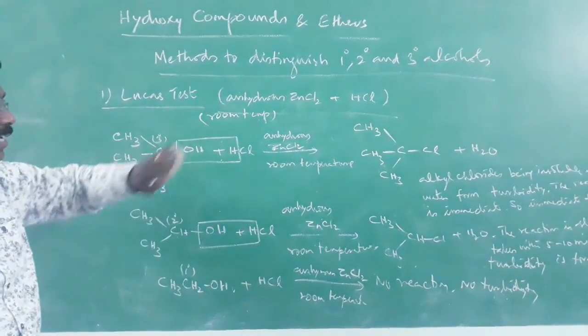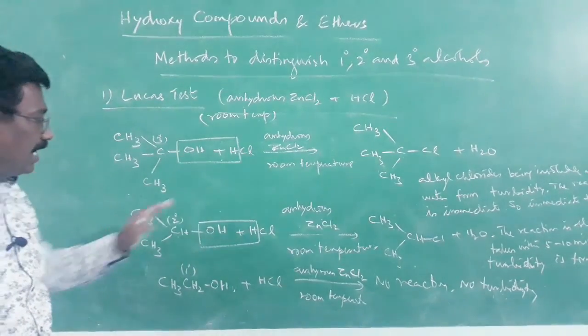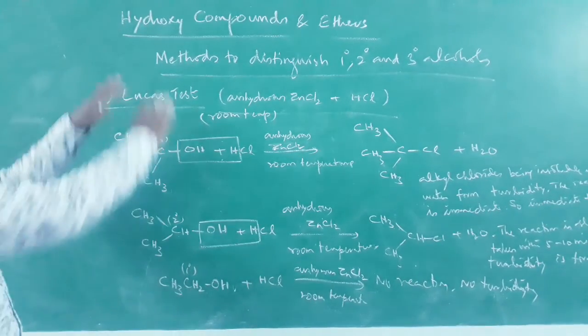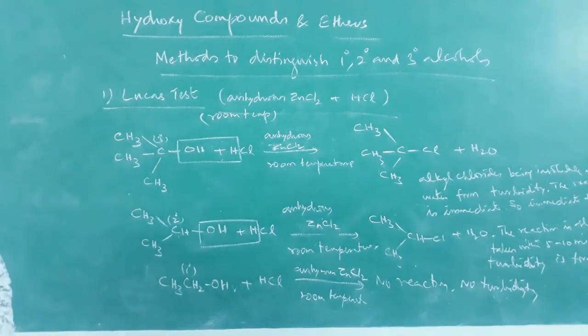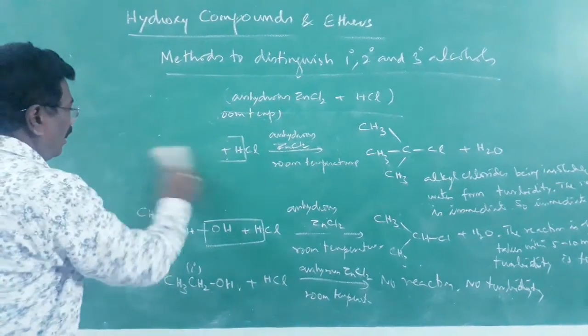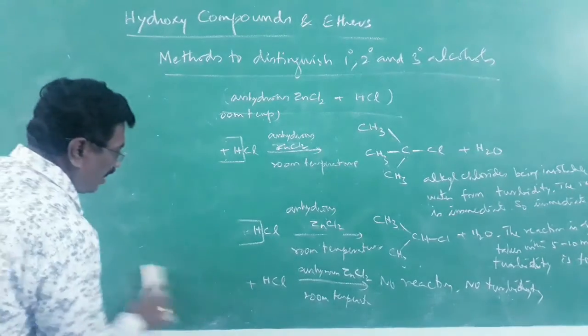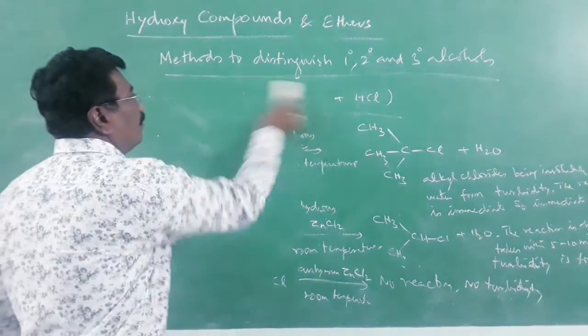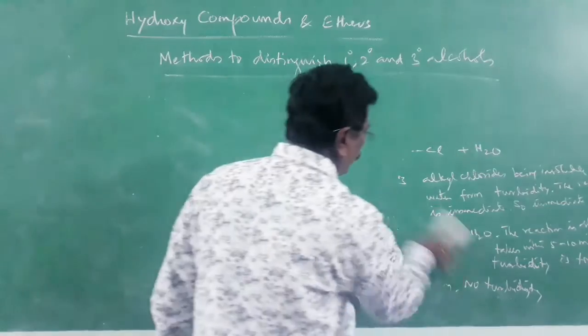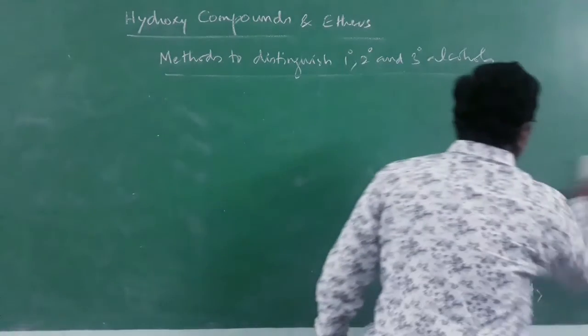Tertiary, immediate turbidity because of immediate reaction. Secondary, turbidity within 5 to 10 minutes, and primary, no reaction at room temperature. This is how we are able to distinguish primary, secondary, and tertiary alcohols. If you are given 3 test tubes containing 3 alcohols, you can find out very easily which one is primary, which is secondary, and which is tertiary. It's not so tedious.